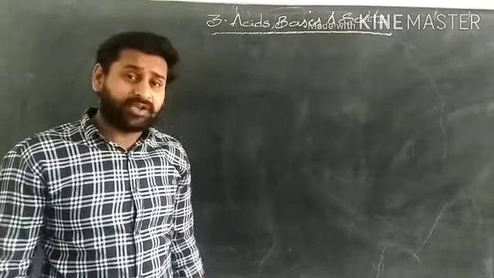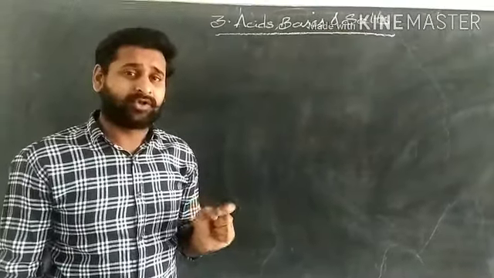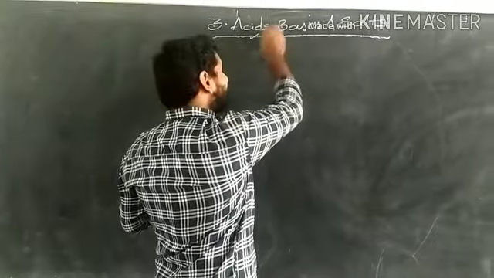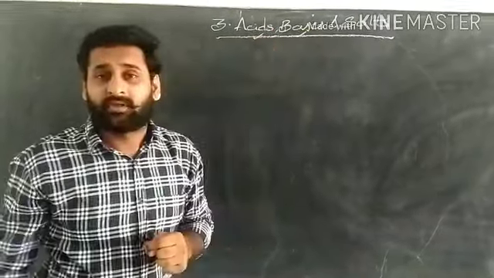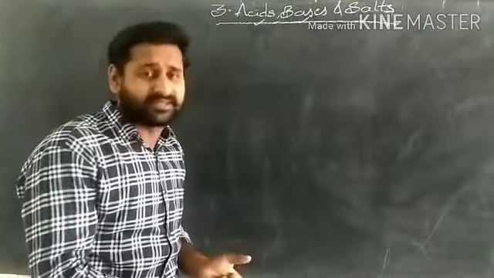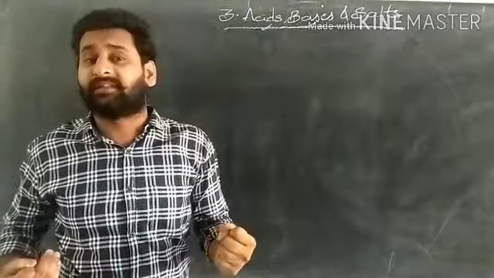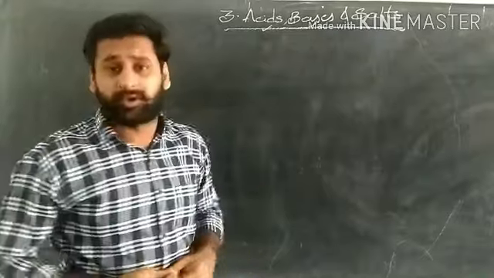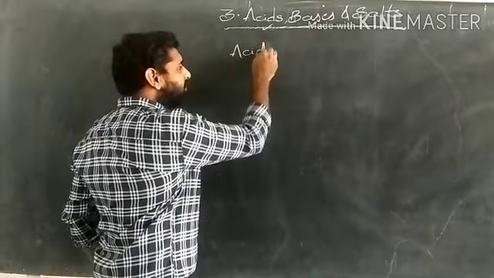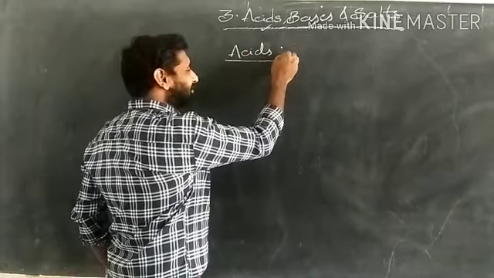I think when you were in 7th class itself, you already learned what acids are and what bases are. Let me come to one conclusion. We'll have a small revision of what we learned in the 7th and what we are going to learn in the 10th. Let's take a point here. As you already learned, how can we know what is meant by an acid?